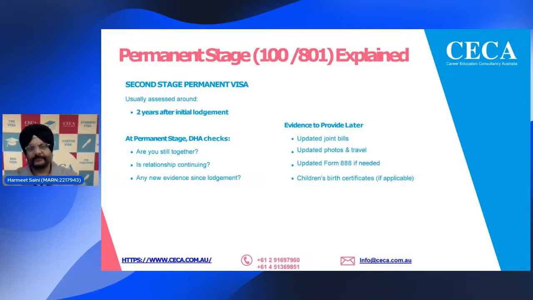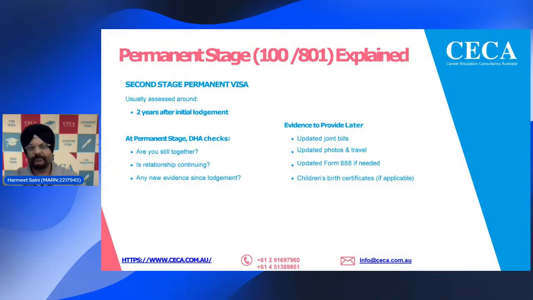For the permanent stage, the department usually checks whether you are still living together, whether the relationship is still genuine and ongoing, and any new evidence since lodgement, which they ask for while processing these applications.